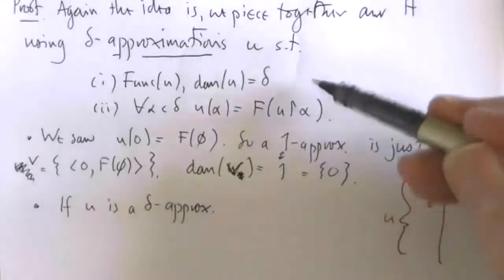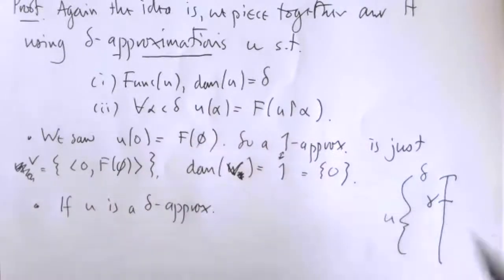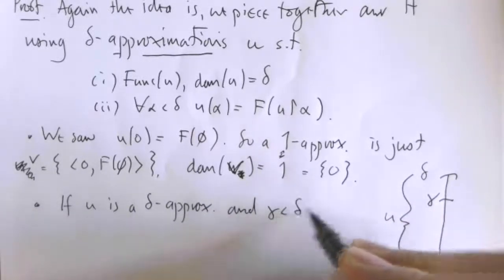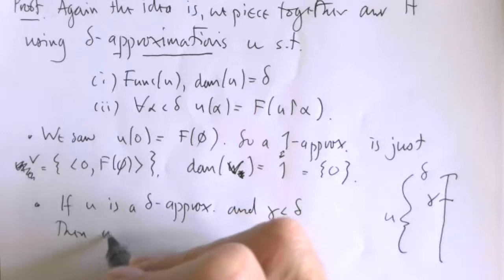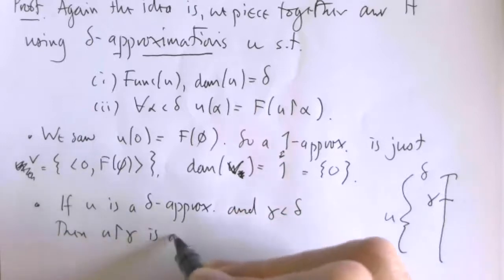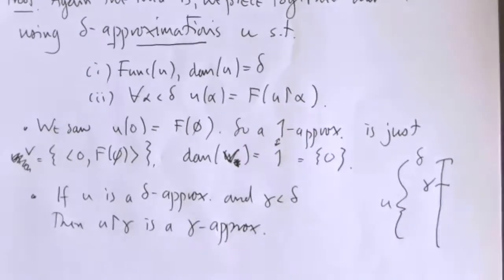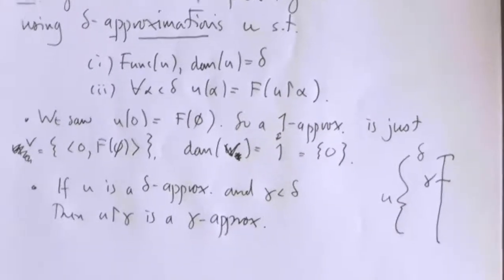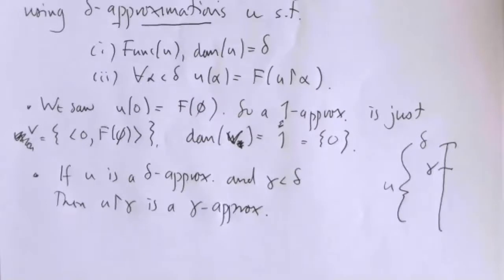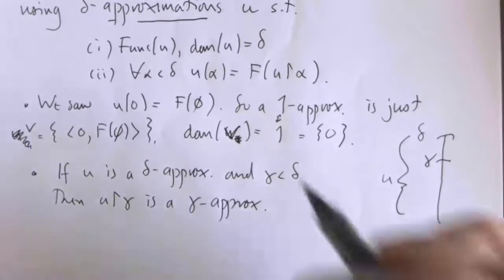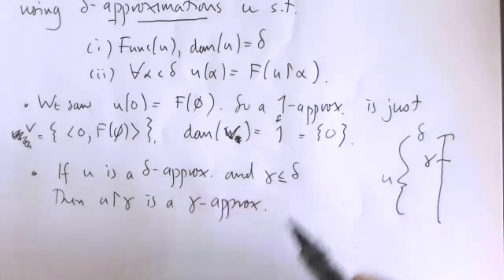It's going to satisfy these same clauses, of course. I've just taken less of it. So it's a gamma approximation here. So this is true for any gamma less than or equal to delta.